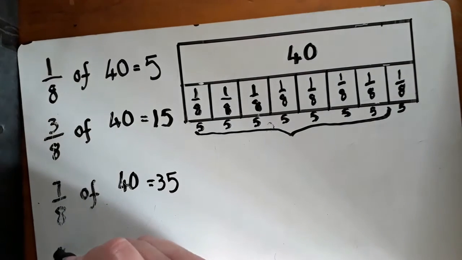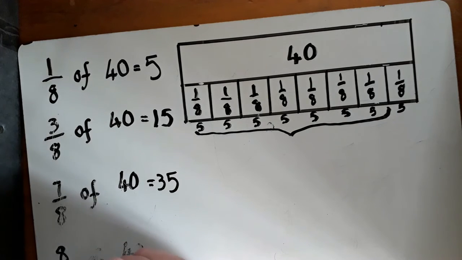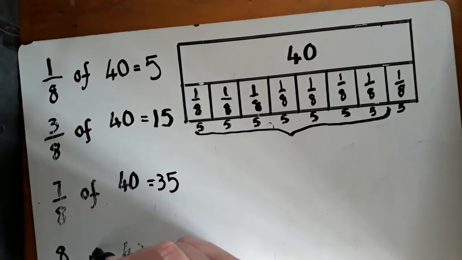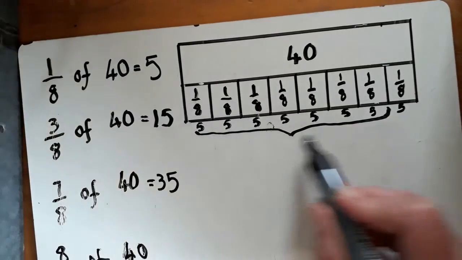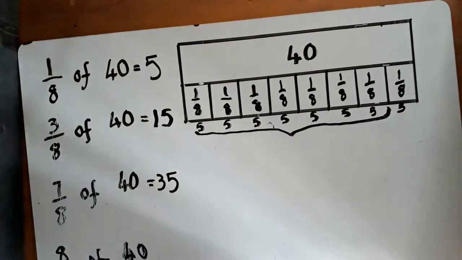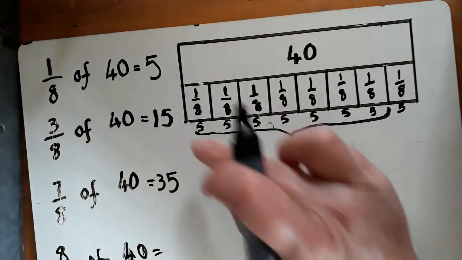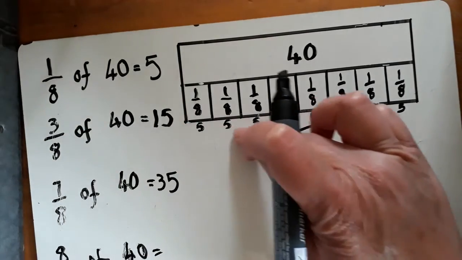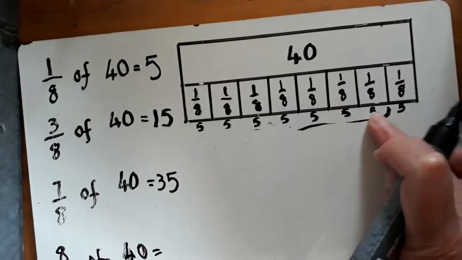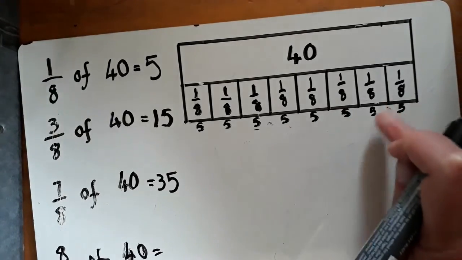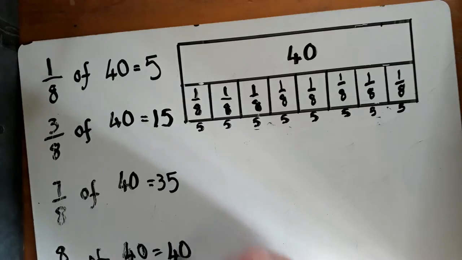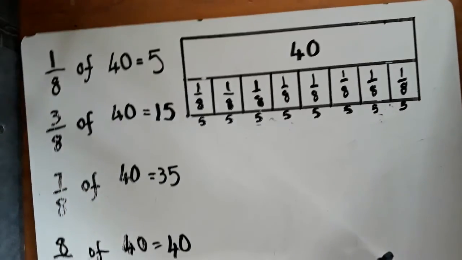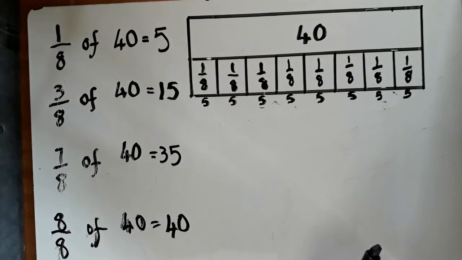Lastly, it's a little bit of a trick question: 8/8 of 40. There you would have the whole, all of them. If you had all the eighths, you must have the whole, which is 40, because 8/8 is the same as 1.